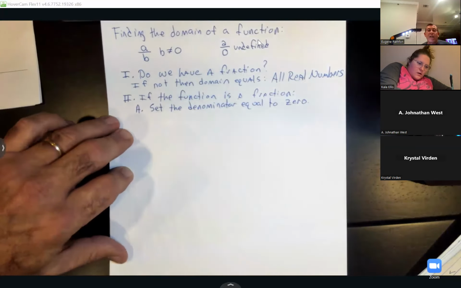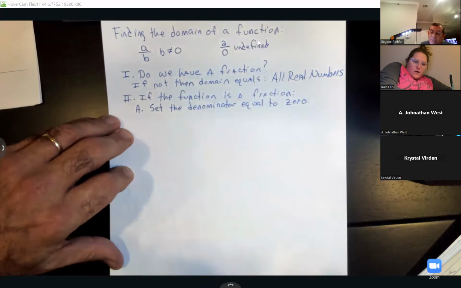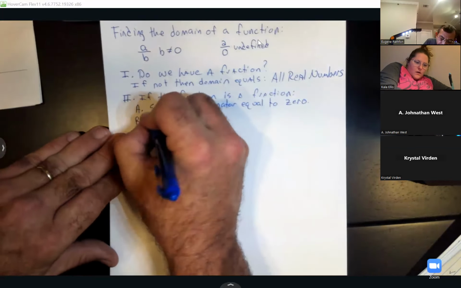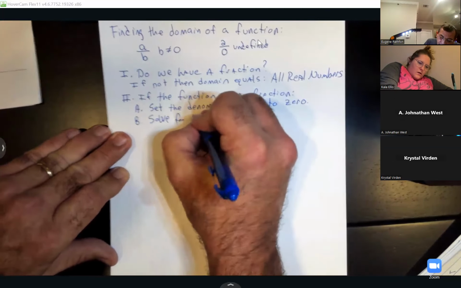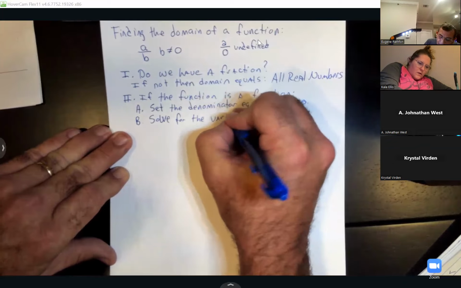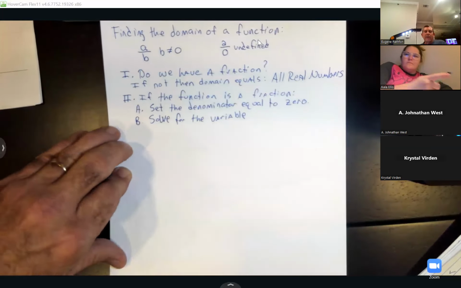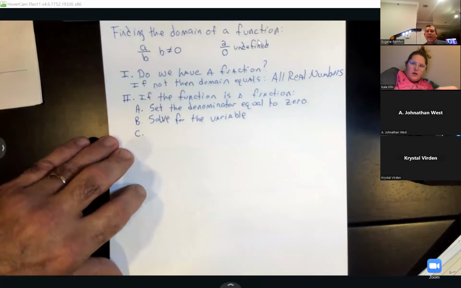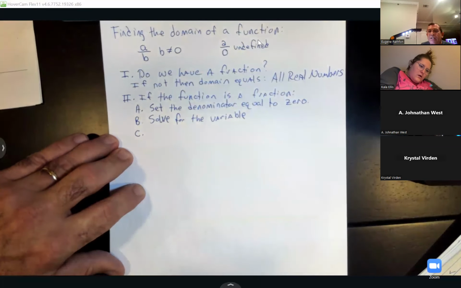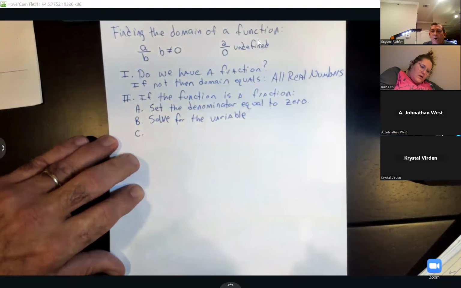That way I can solve for the variable. Then I exclude any solutions from my domain.